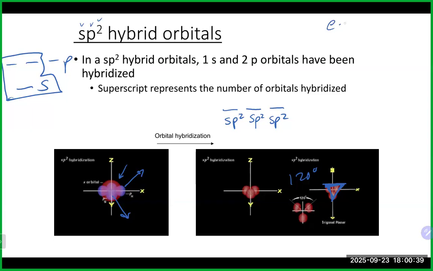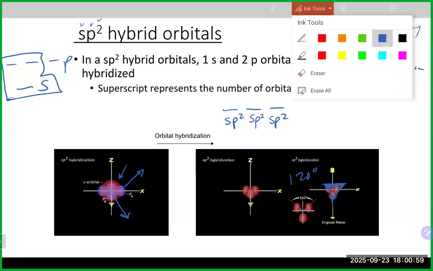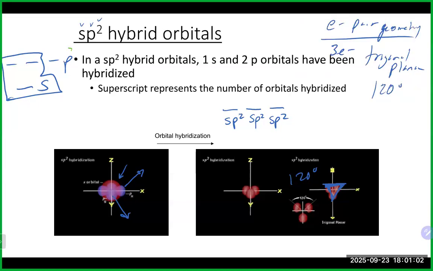So that's kind of like our electron pair geometry of 3 electron pairs, and that is our trigonal planar geometry. And again, it's going to have 120 degrees difference. In this particular case, we actually have one unhybridized p orbital that's still there. So we still have one p orbital that's unhybridized in this case.